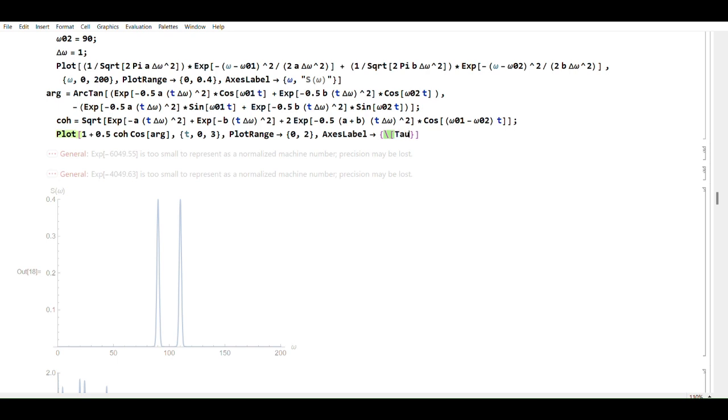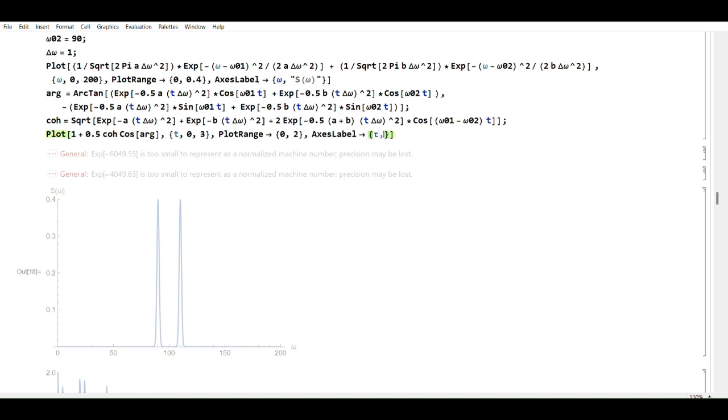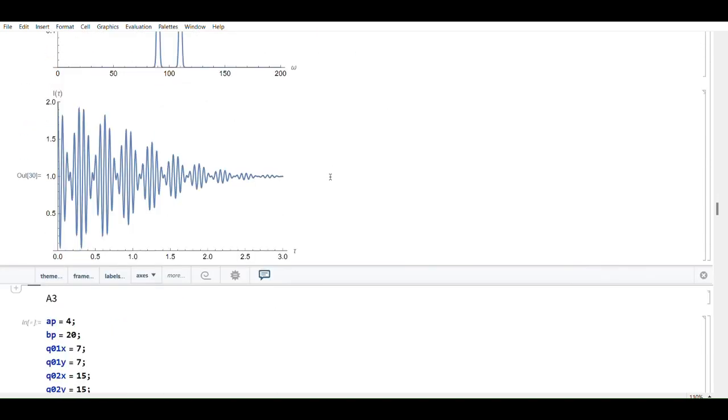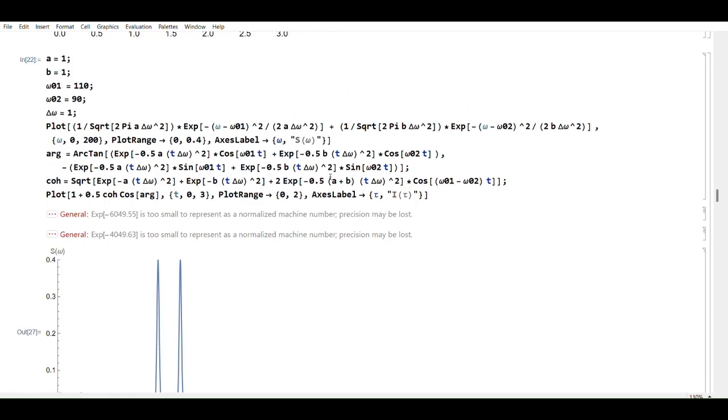This is S omega versus omega, and the last plot is intensity versus tau.